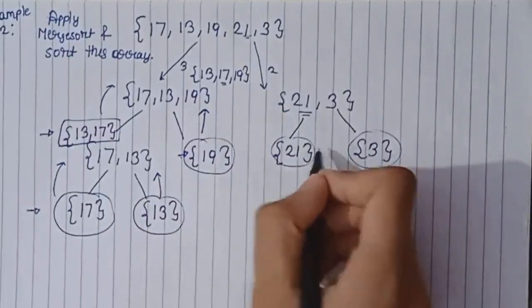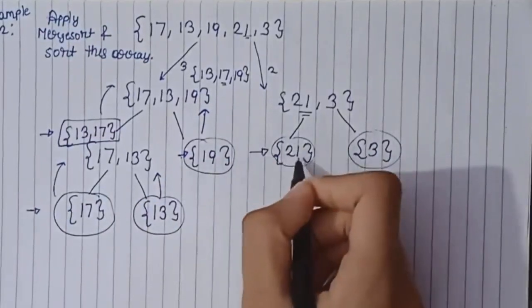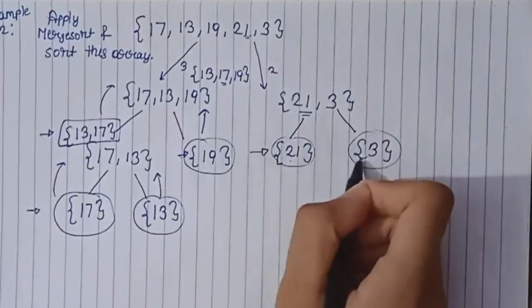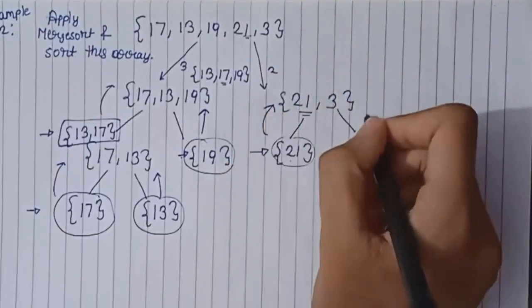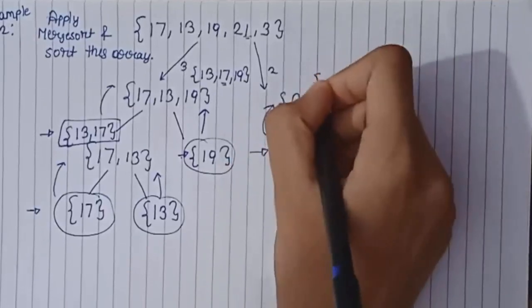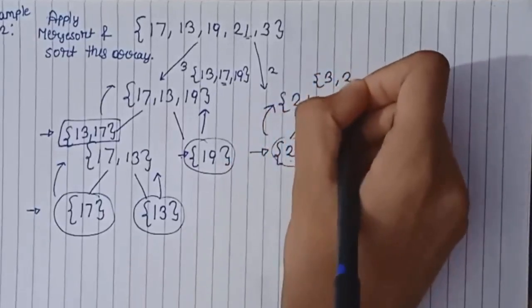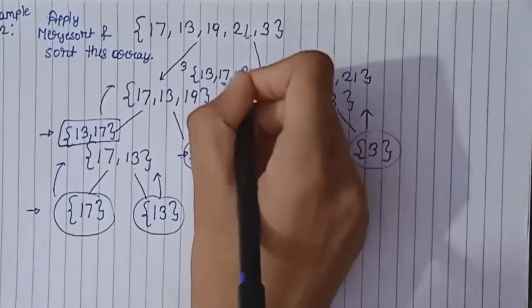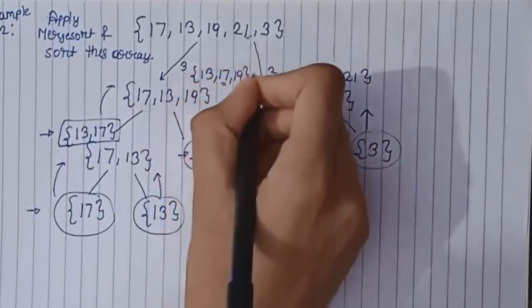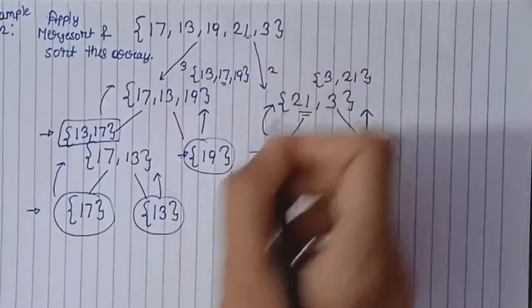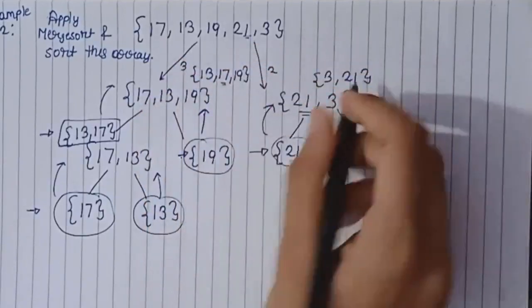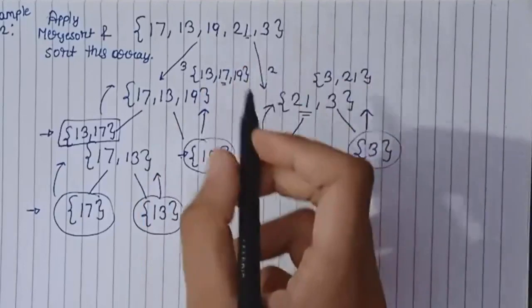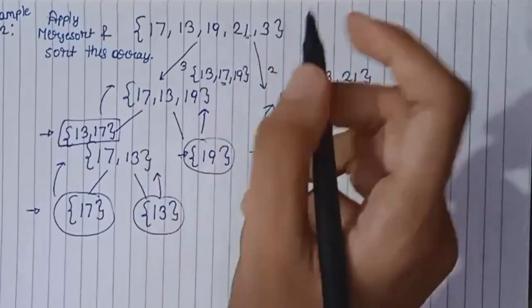So now at this step, coming back to this, I will note that these are two sorted arrays again. So I will merge them to form a single sorted array, which is 3 comma 21. Now at this step again I have got two sorted arrays, so I will merge them to form a single sorted array.